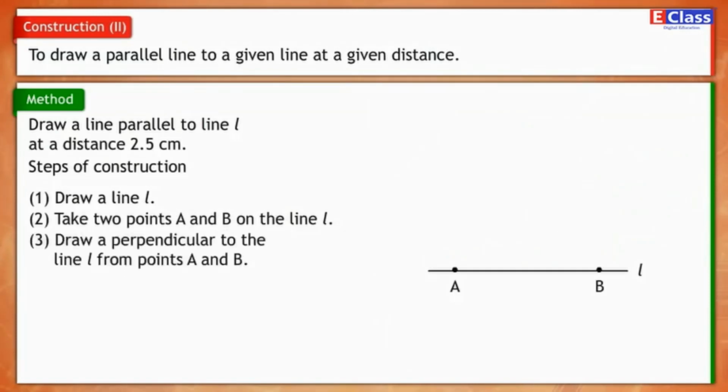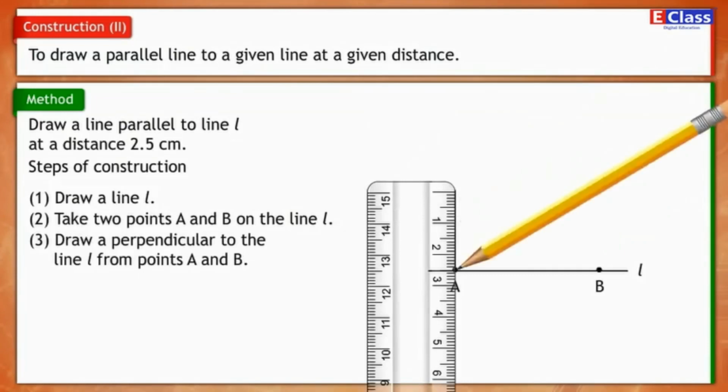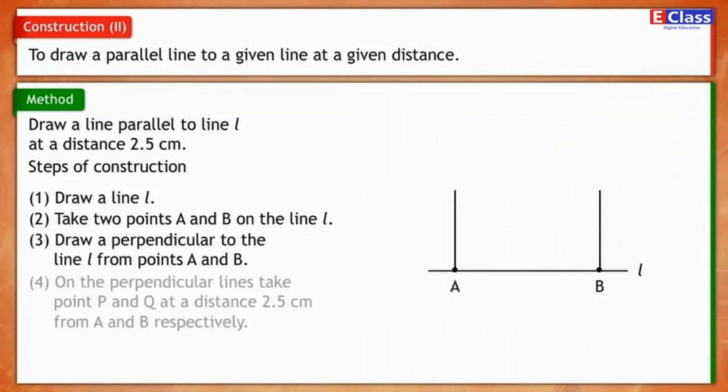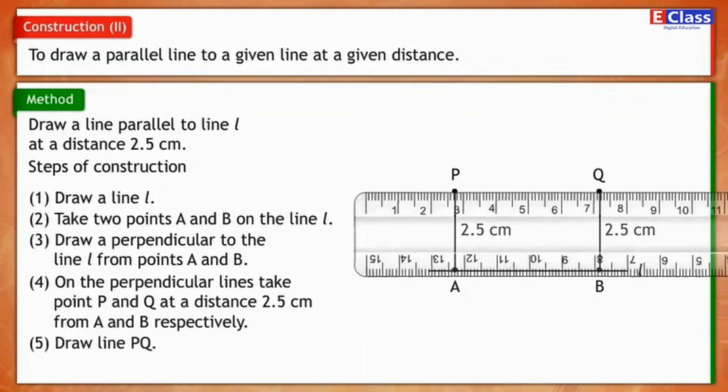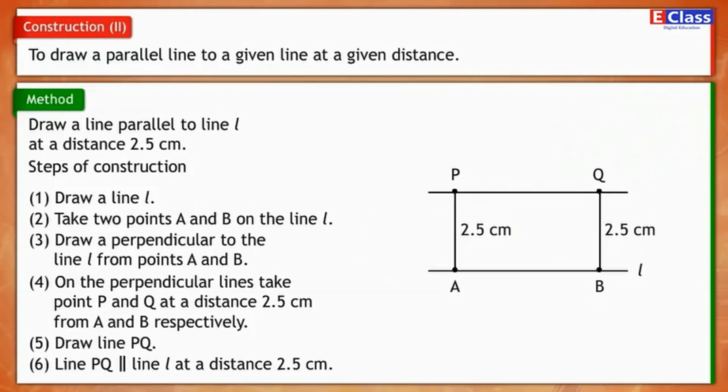Draw a perpendicular to the line L from points A and B. 4. On the perpendicular lines, take points P and Q at a distance of 2.5 centimeters from A and B respectively. 5. Draw line PQ. 6. Line PQ is a line parallel to the line L at a distance of 2.5 centimeters.